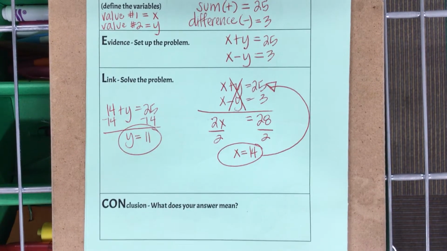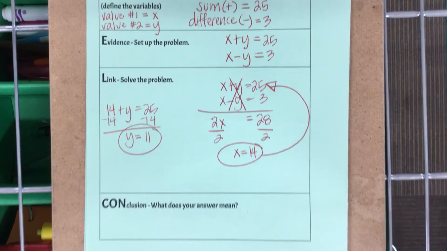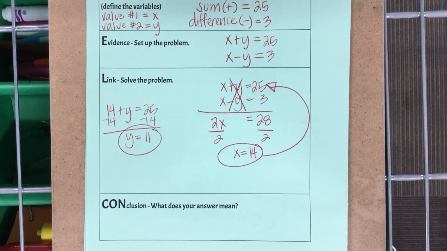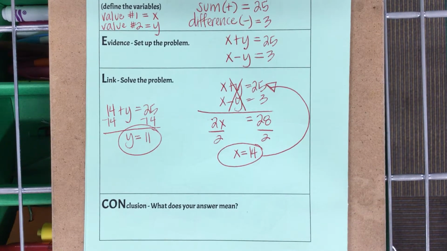Now here's the difference. When we've been doing systems without word problems, meaning they give us the two equations and we start working, our answer has always been what? An ordered pair. If I asked you, can you tell me two numbers that have a sum of 10? You'd say 5 and 5, correct?